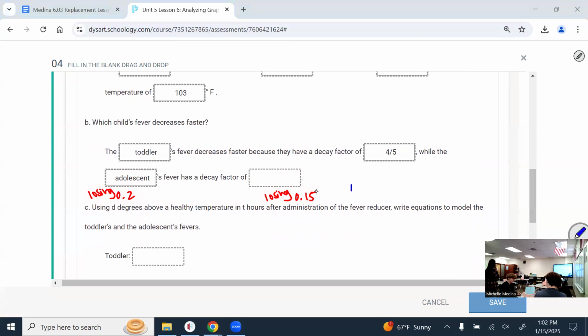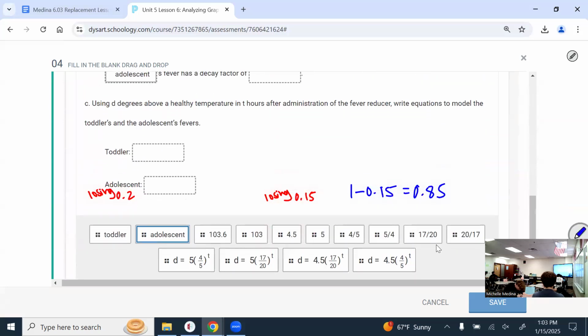So when I plug that into the 1 plus or minus, it's keeping 0.85, which I guess I didn't need to convert to decimals, but let's see which one equals 0.85. That would be the 17 out of 20. These other ones are too big, like it would be over 1, and we're talking about decay. 17 divided by 20 is 0.85. Good so far?